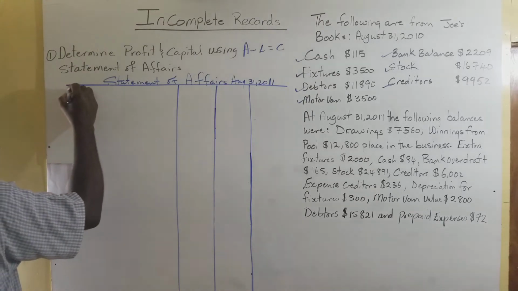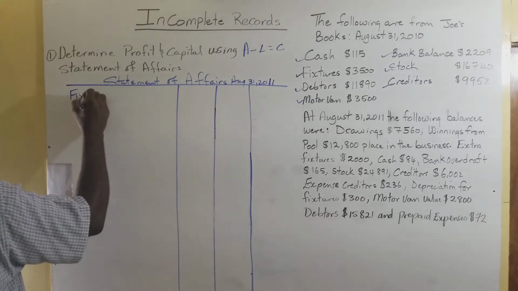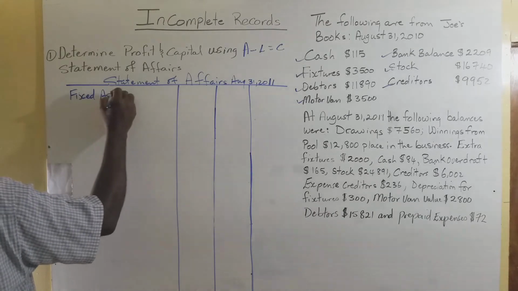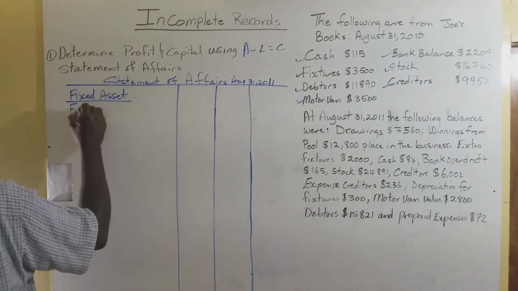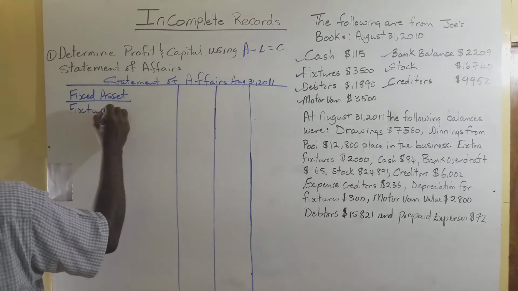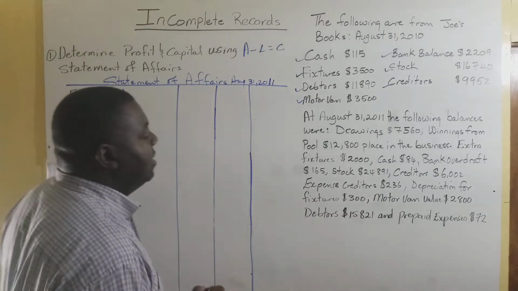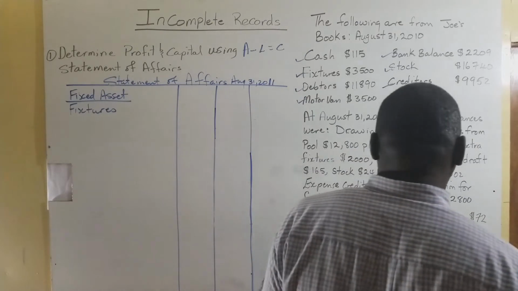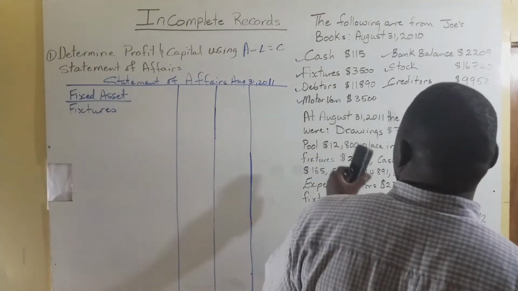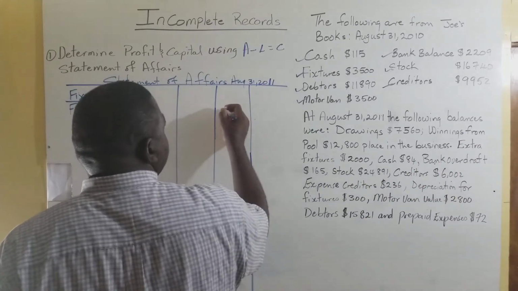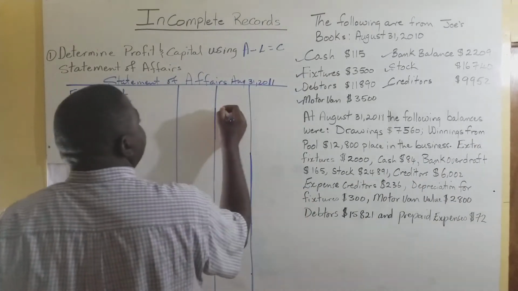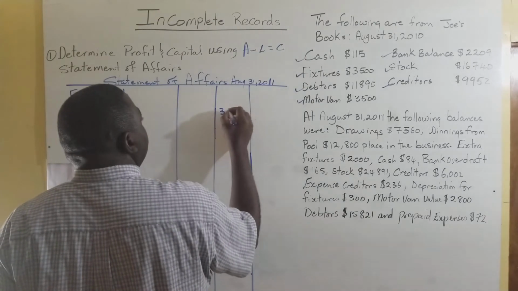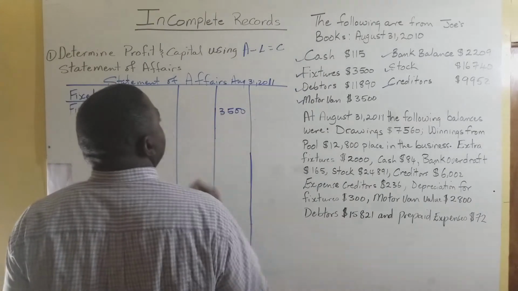So we start again with our fixed assets. And we're going with our fixtures once again. And it is indicated that we have fixtures coming from the previous period of 3,500, right?